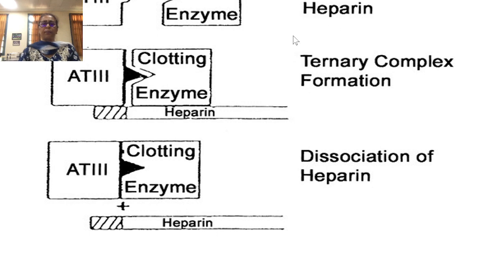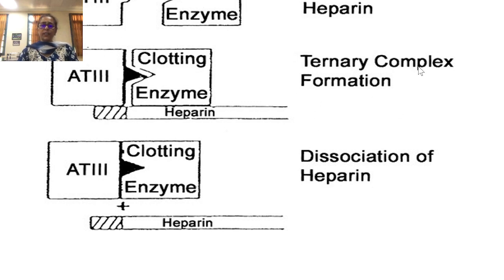When there is no heparin, these are the clotting enzymes and this is antithrombin 3 present. But when you give heparin to the patient, it binds with antithrombin 3, brings about a conformational change, increases its activity, and potentiates the activity of antithrombin 3. Then this antithrombin 3 binds with clotting enzymes to inactivate the process.